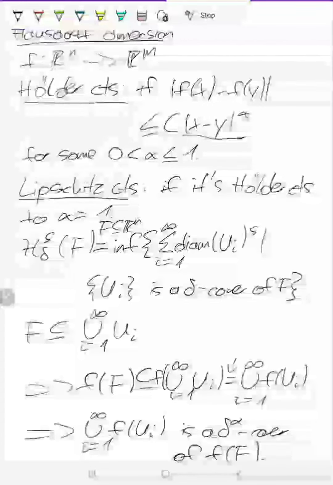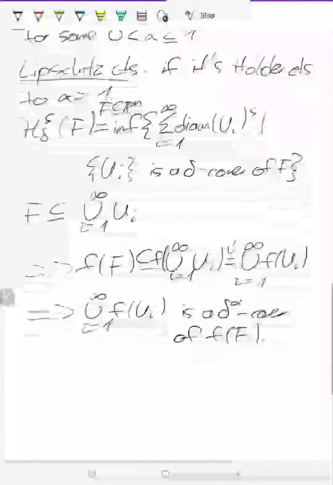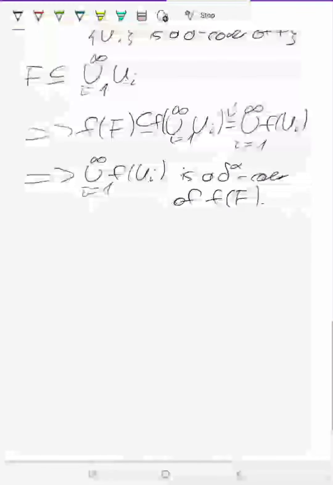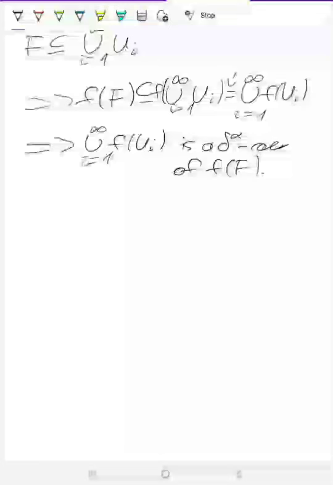Of course, the domain and the codomain don't have to be R^n and R^m, they could be also some subsets. And so that's that.